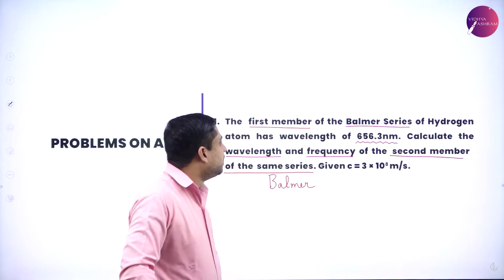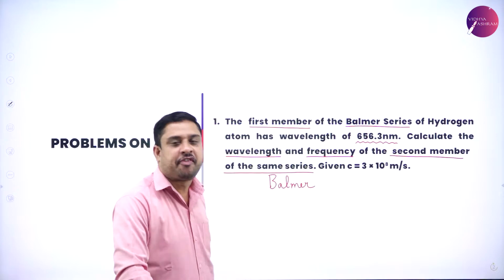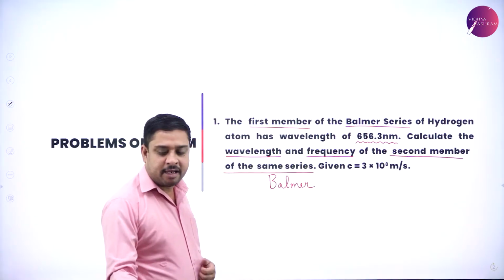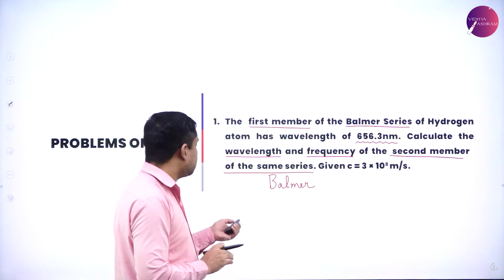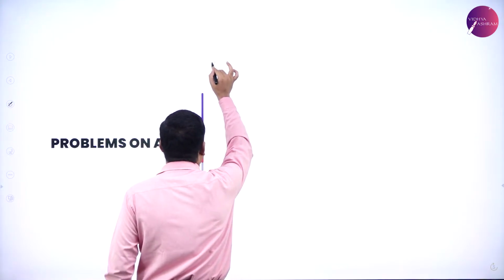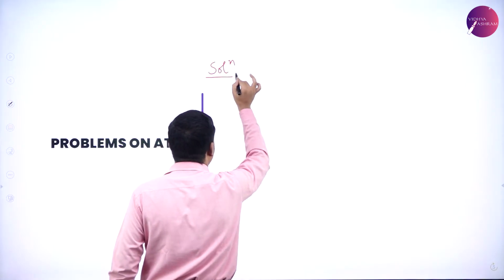So given is the wavelength of the first member of the Balmer series. So therefore, as we did, we will note down the solution.